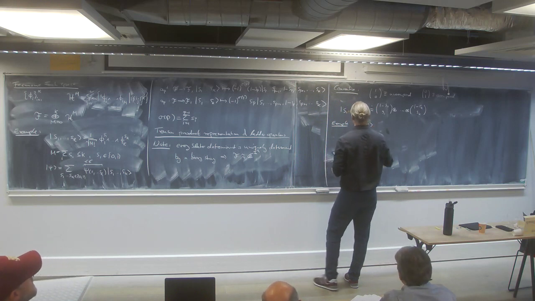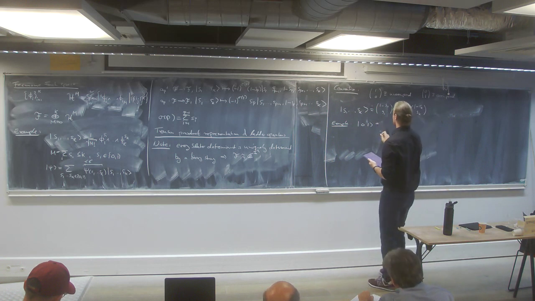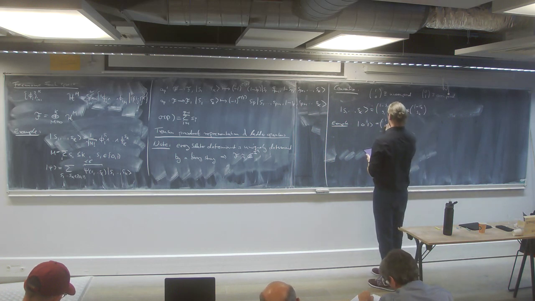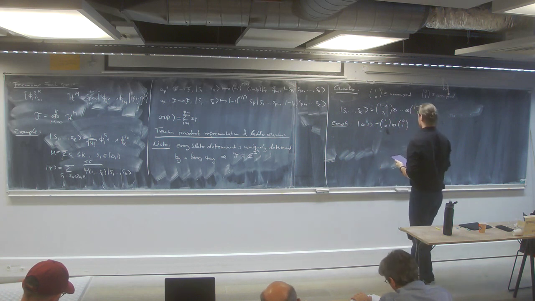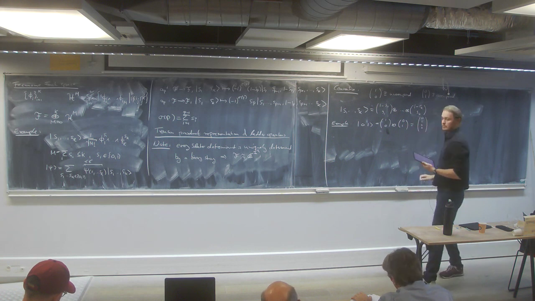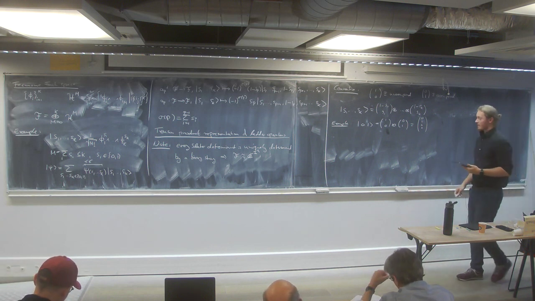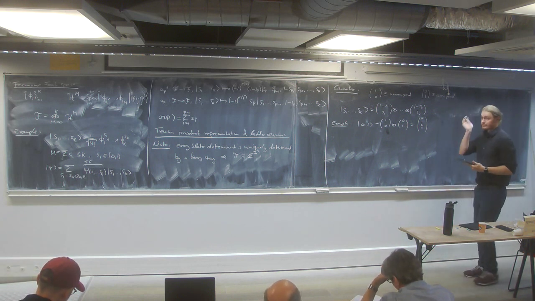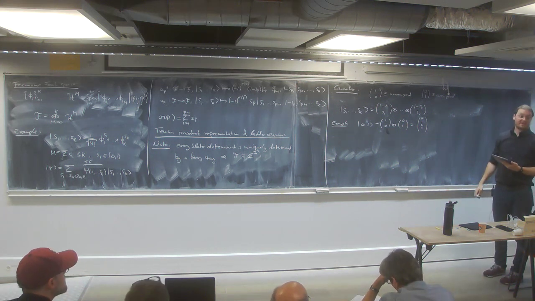We look at the state (0, 1) tensor (1, 0) tensor (0, 1), something like this. Now, in this perspective, the creation and annihilation operators take a very convenient form.